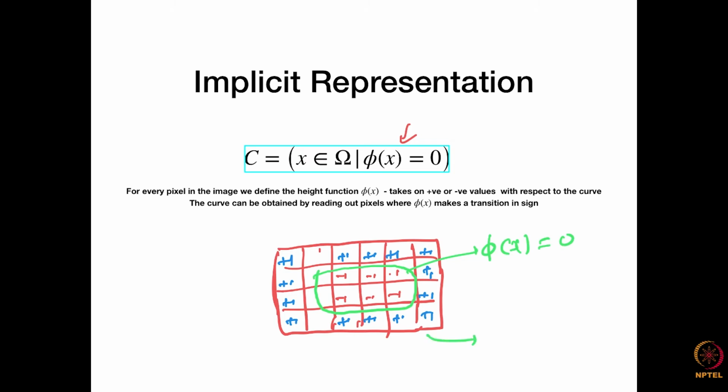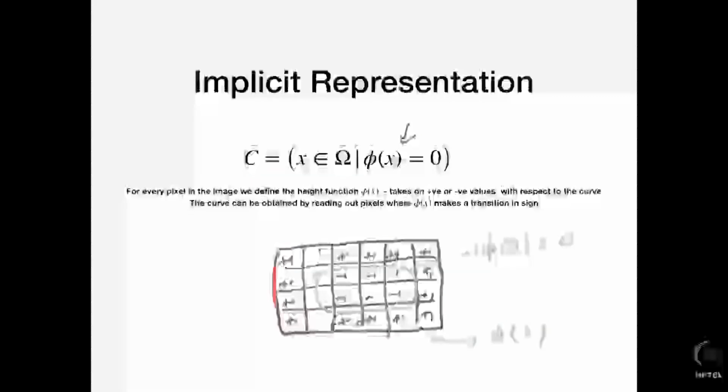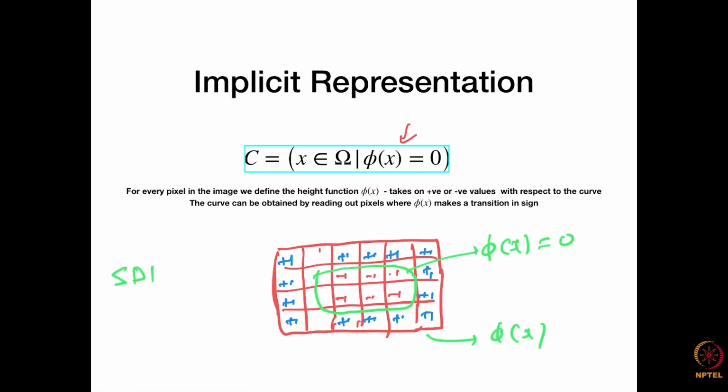So this whole image or grid is phi of x. For every pixel in the image, you define a position x, and phi of x will have a value, positive or negative depending on whether it's inside or outside the curve. This is usually referred to as the signed distance function. How we do that: you define this as your initial contour, so you know all the pixels where phi of x equals 0, and then you calculate the shortest distance of each pixel, outside and inside, from this curve.